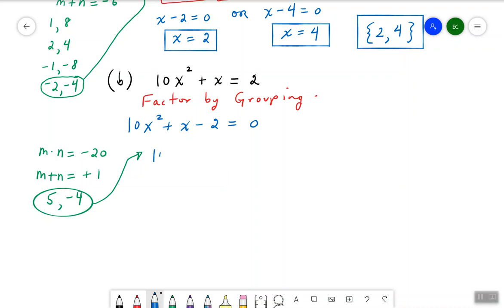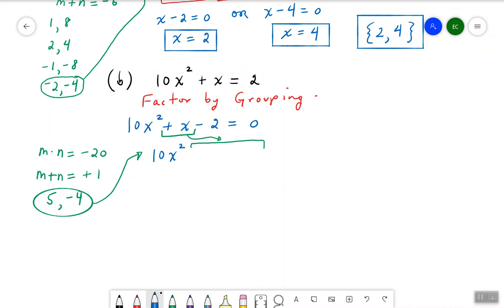So what we need to do next is rewrite the middle term, the plus x, as the sum of 2 terms. And those 2 terms are given by the numbers 5 and -4.